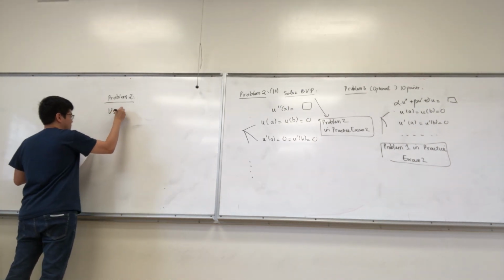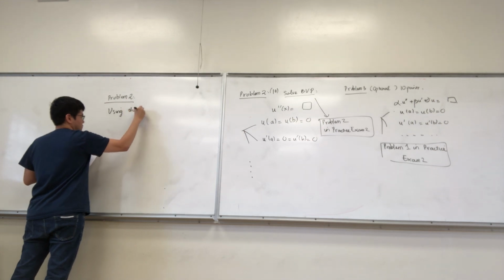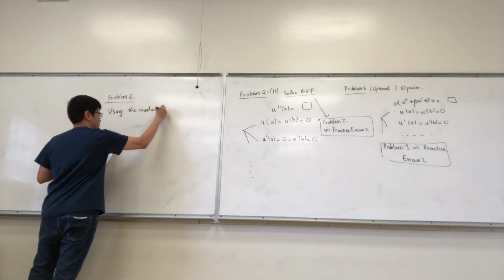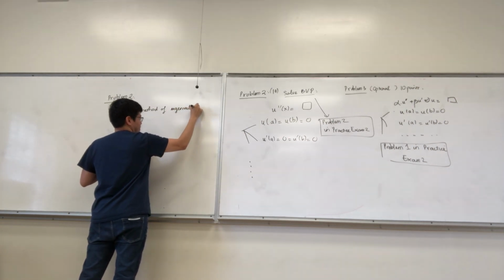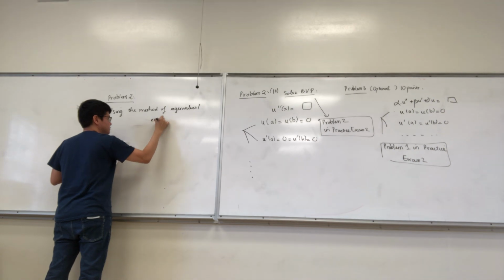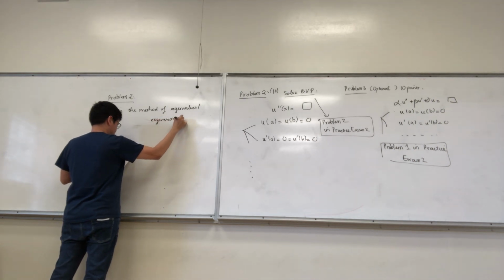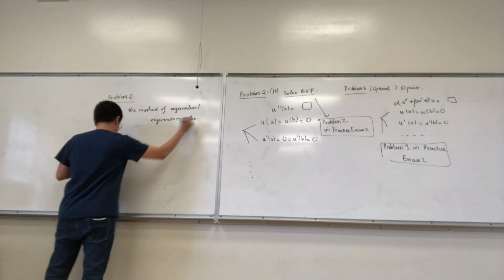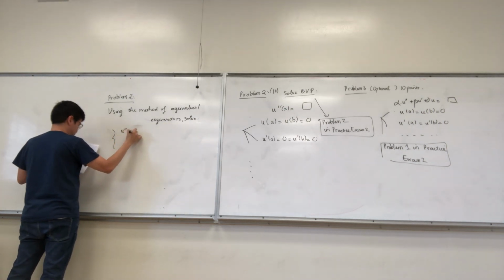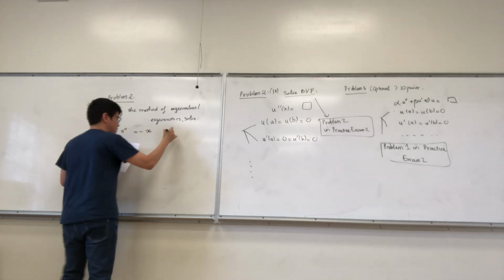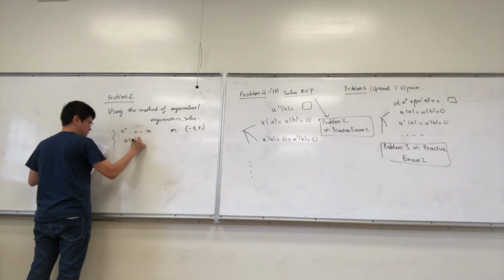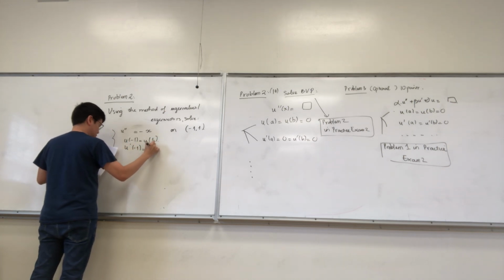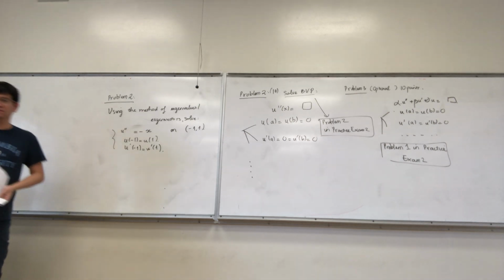So using the method of eigenvalue eigenvectors, u second is equal to minus x on minus 1, 1. u of minus 1 is u1, u prime of minus 1 is u prime of 1. All right?